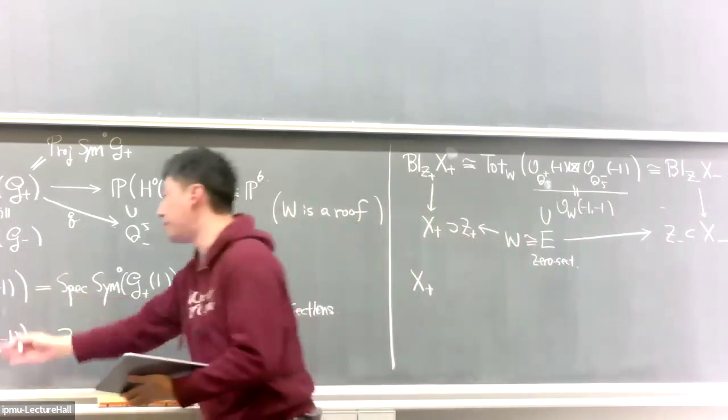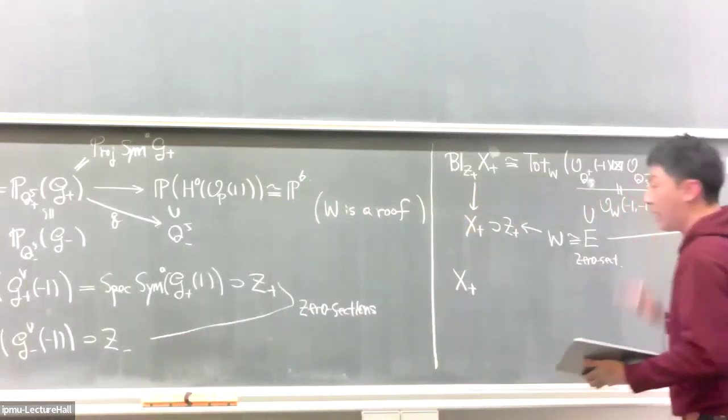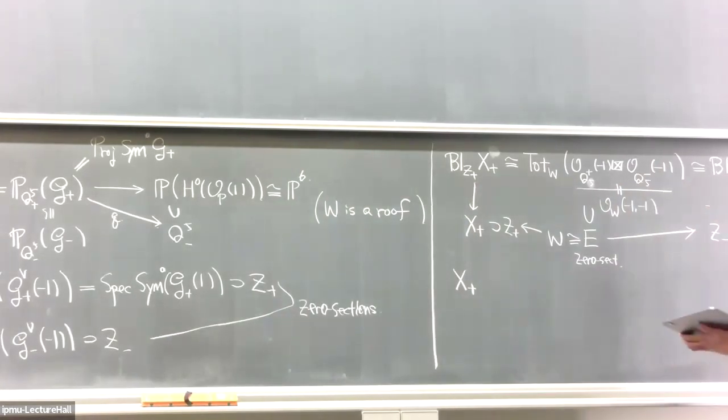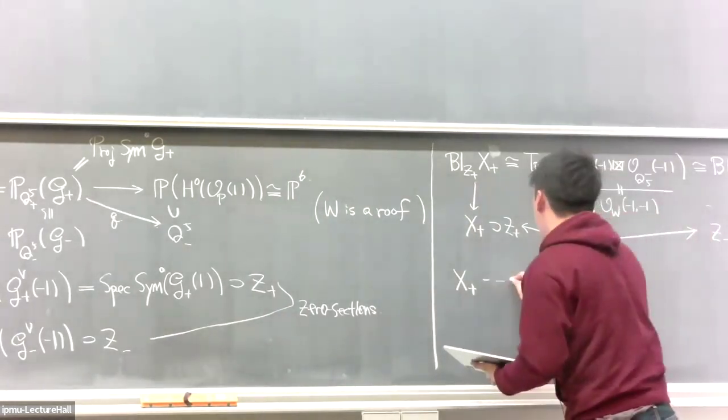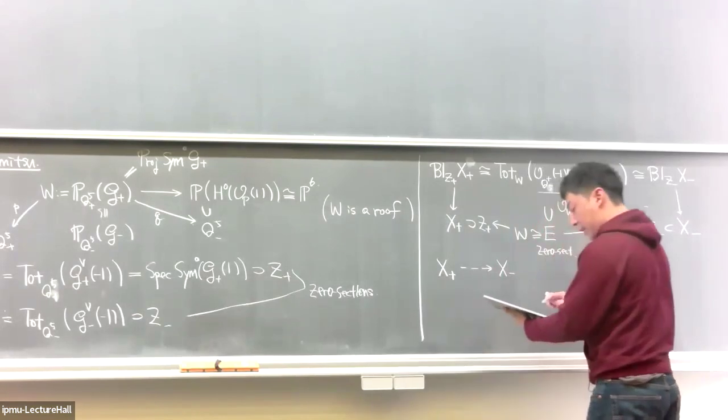We know these two are birational to each other, one going up and one going down, and so now we have this birational map.